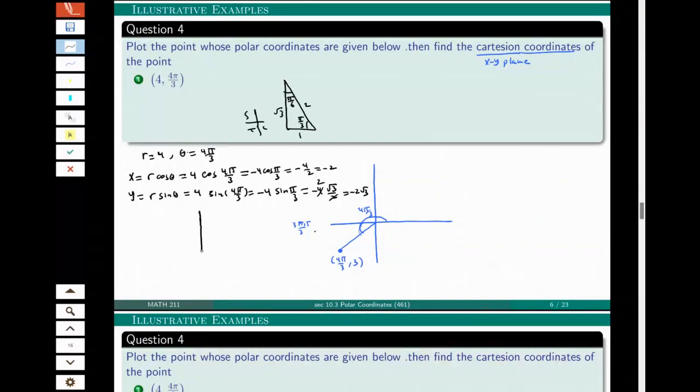If we go to the xy plane, this is the x-axis, that's the y-axis. Our x is minus 2, and y is minus 2 root 3. What is minus 2 square root of 3? That is equivalent to minus 3.46.